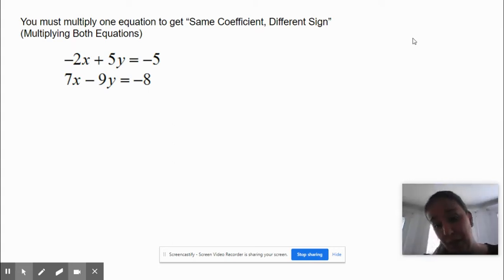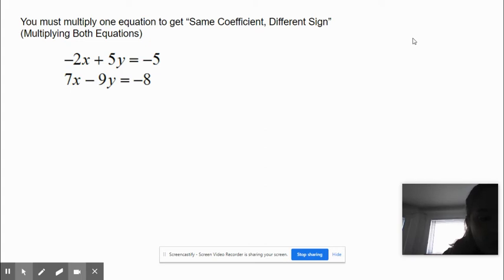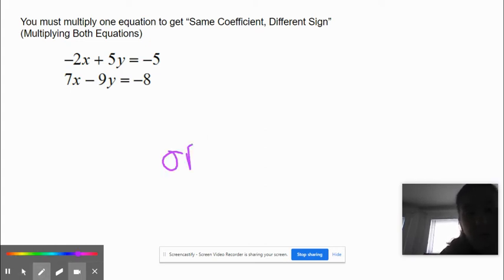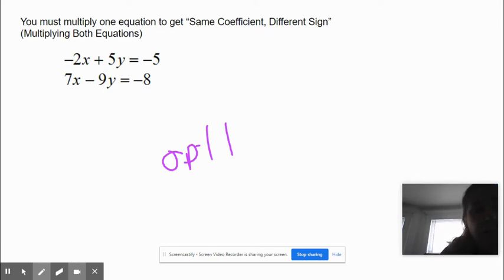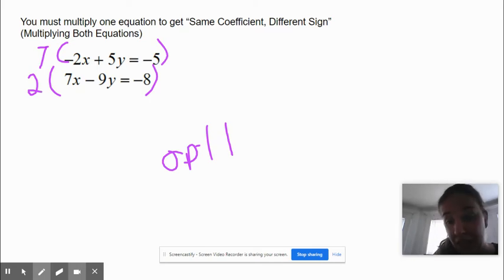So I have a couple options. So I'm just going to point out option 1. Option 1, I could multiply the top by 7 and the bottom by 2, creating a positive and a negative 14 on my x terms.